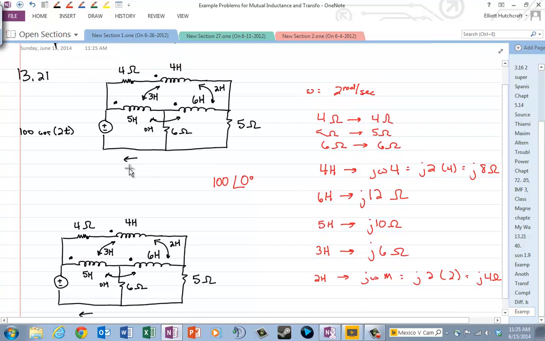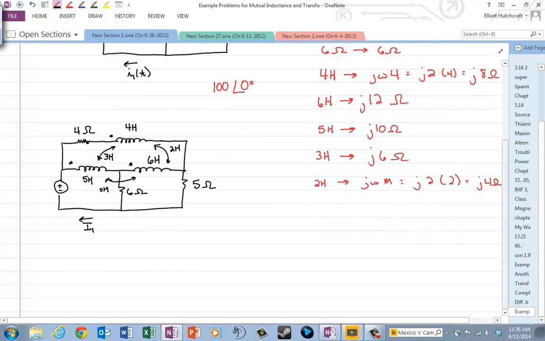It should have been really I1(t). Now, though, since we were converting to the phasor domain, we do have this as 100 angle 0. The 4 ohm, the 5 ohm, and the 6 ohm resistors stay the same, but the 4 Henry, 5 Henry, 6 Henry, and the mutual inductors will change.